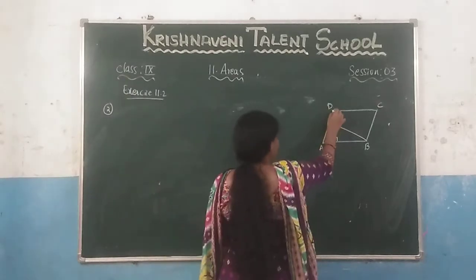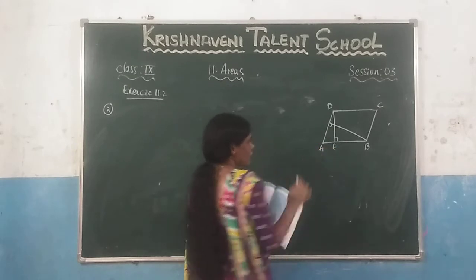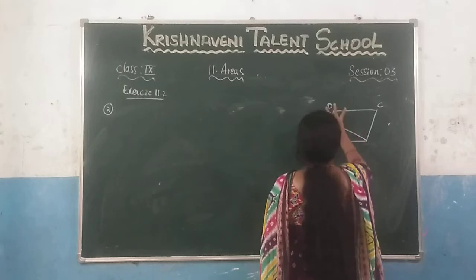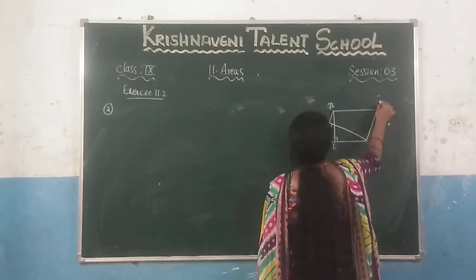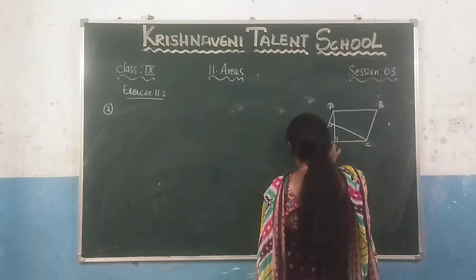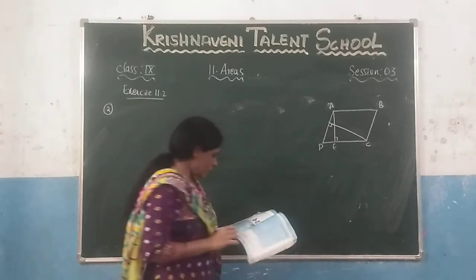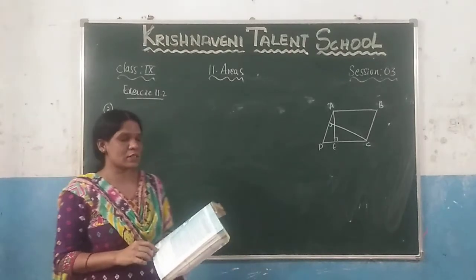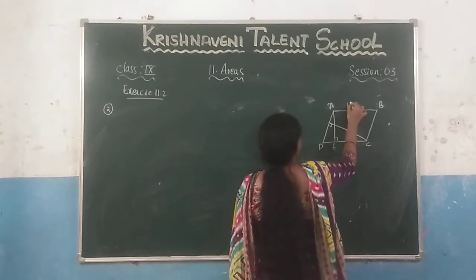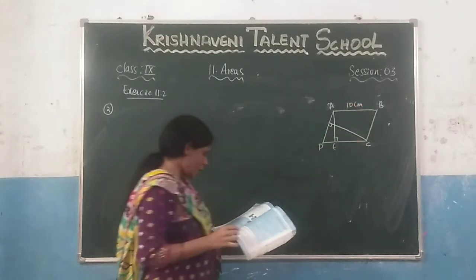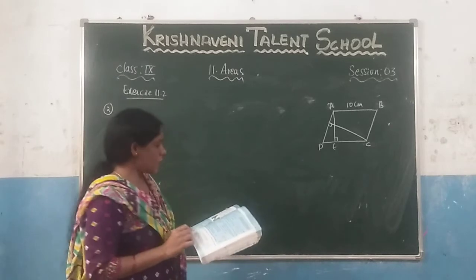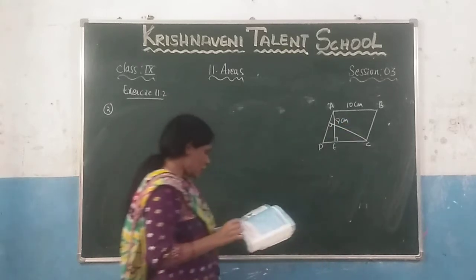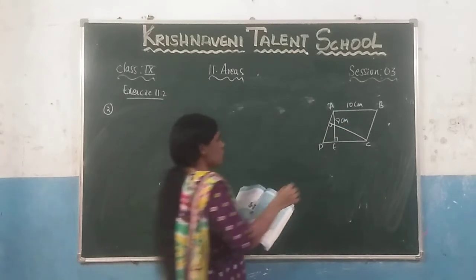So we have drawn here AE perpendicular to DC, clearly you can observe. And they have given CF is perpendicular to AD, and they have given the length of AB, which is 10 centimeters. Then the length of AE is 8 centimeters, and the length of CF is 12 centimeters.